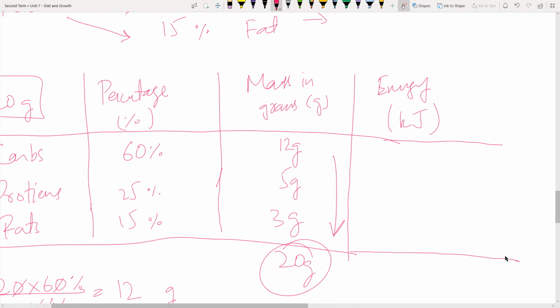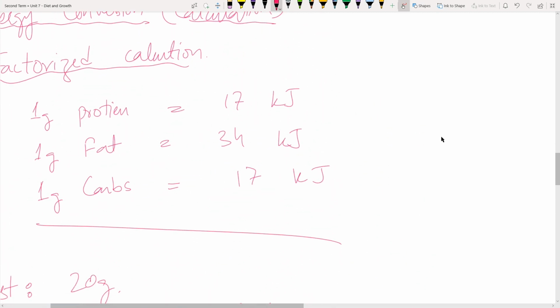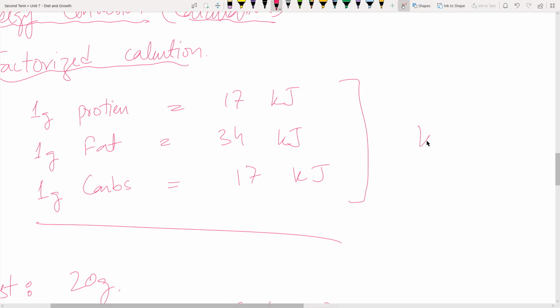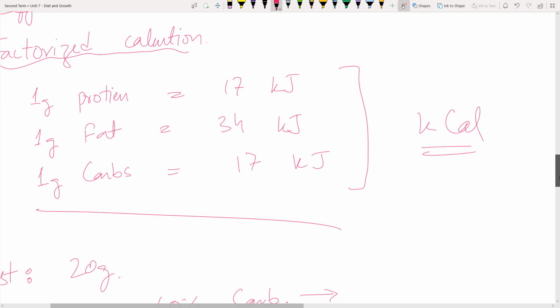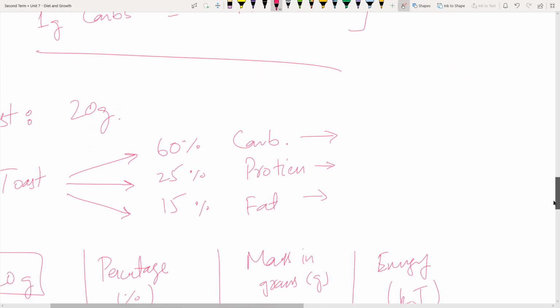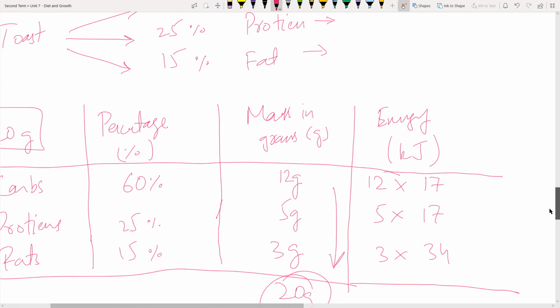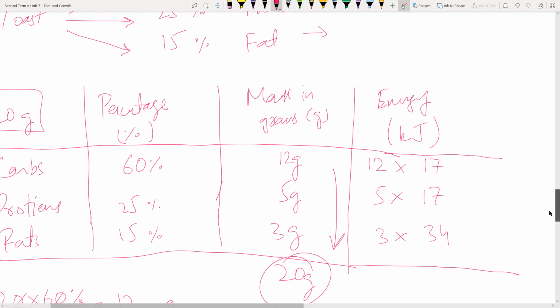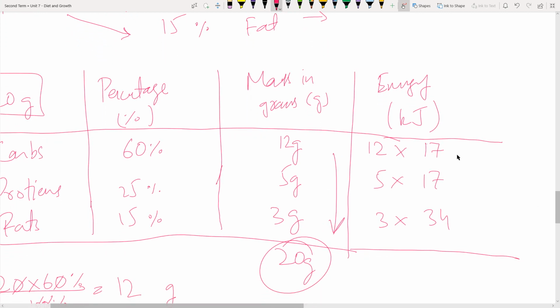So it would be 12 multiplied by the factor, then 5 multiplied by the factor, and 3 multiplied by the factor, the factors that we just listed over here. This is in kilojoules. Also, it's in kilocalories, and you can look it up on the internet. But as I said, these are out of the course, but in case these questions come around, I will be compensating for them. So keep in mind that this is how you can calculate the total energy as well.